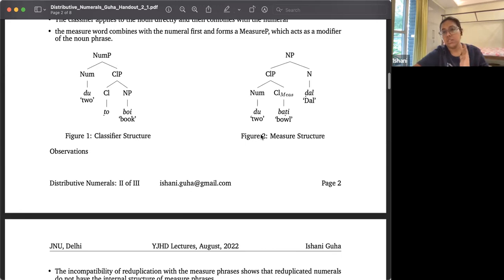If it works on measure phrases, it retains the structure of measure phrases. So it doesn't upset the internal structure, whereas core truly upsets the structure. So core only yields the measure phrase kind of structure. So this is what I think is going on so far.